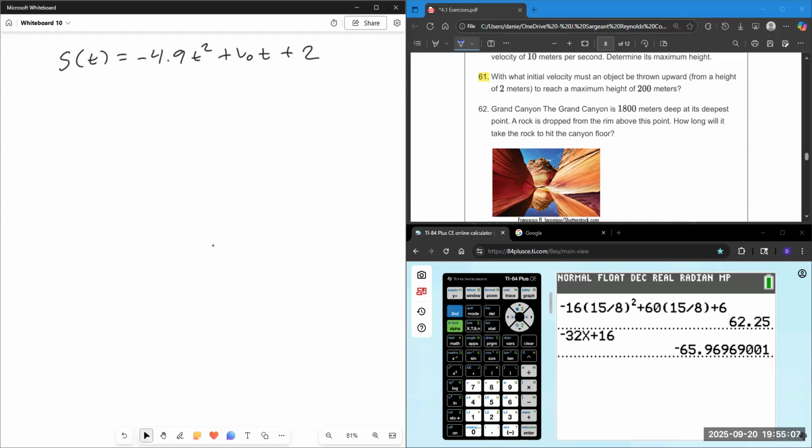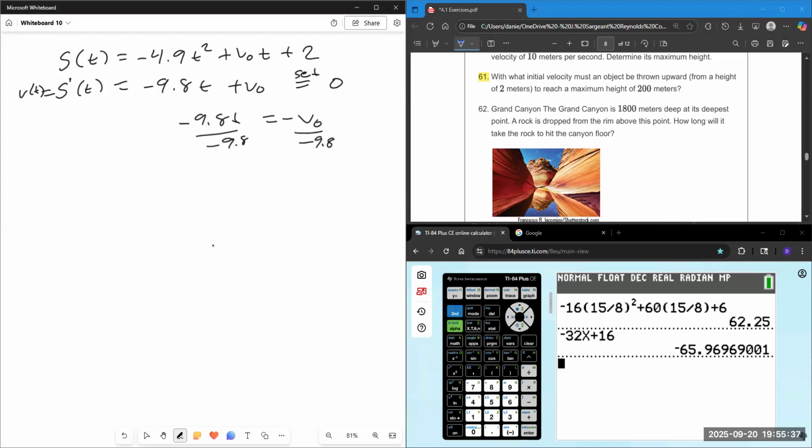We want to reach a maximum height of 200 meters, so that's going to happen when s prime is 0. So s prime of t, which is v of t, is equal to negative 9.8t plus v naught. I need to set that equal to 0 since that's where my maximum height is going to occur. Negative 9.8t is equal to negative v naught. Divide by negative 9.8 on both sides. t is equal to v naught over 9.8.